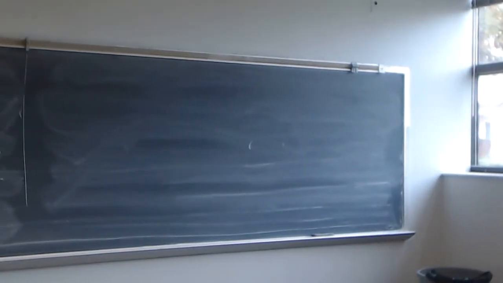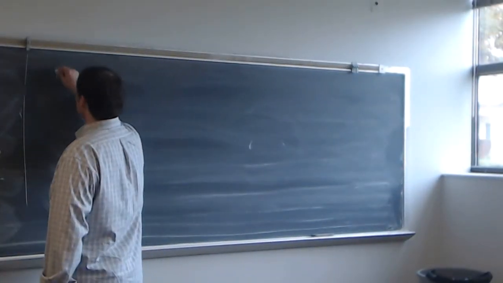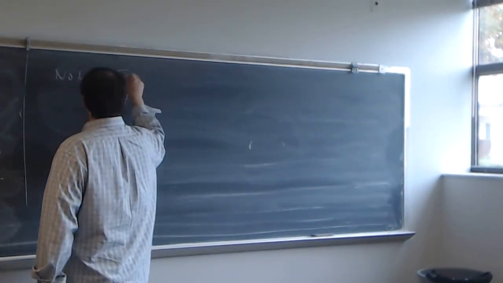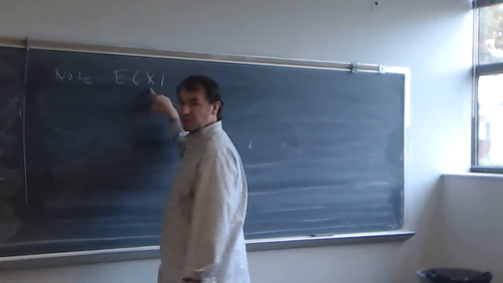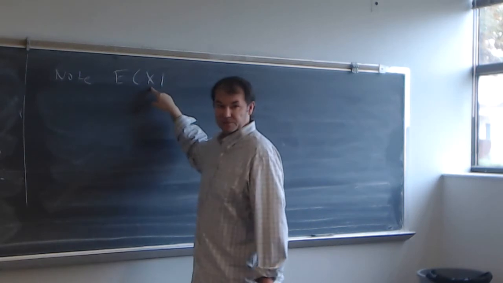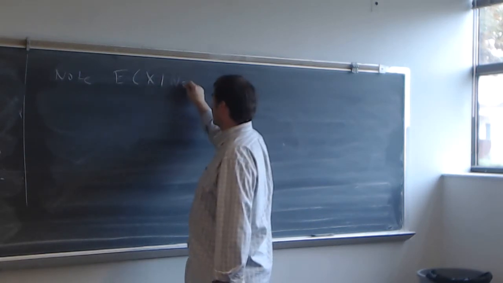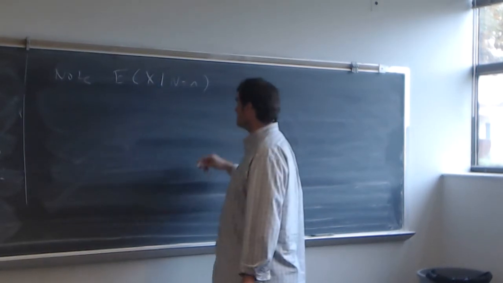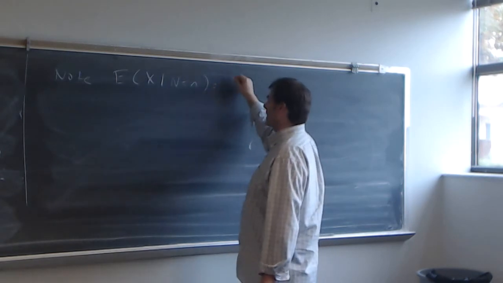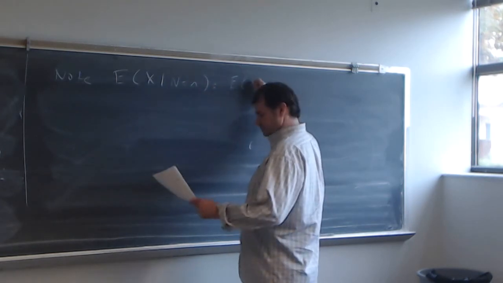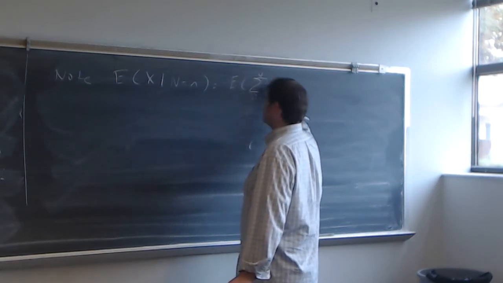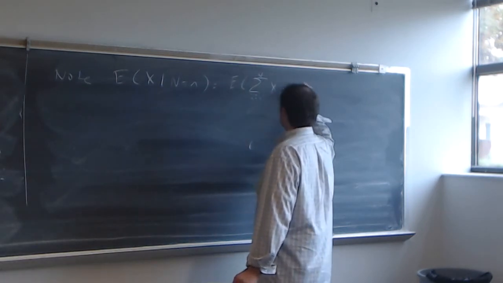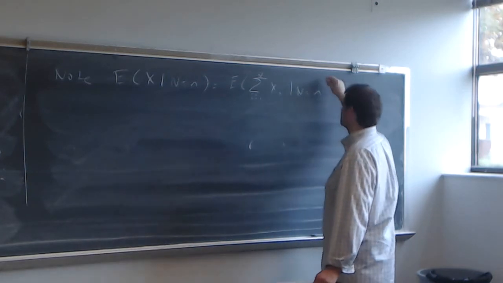And so let's look at that. So note the conditional expectation of the total number of injuries, I should say, given N equals little n, is the same thing as the expected value of the sum as i runs from 1 to n of X sub i given N equal to n.